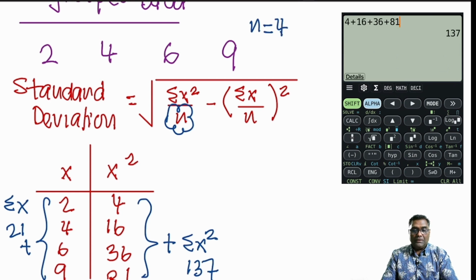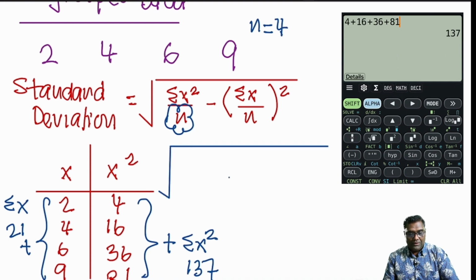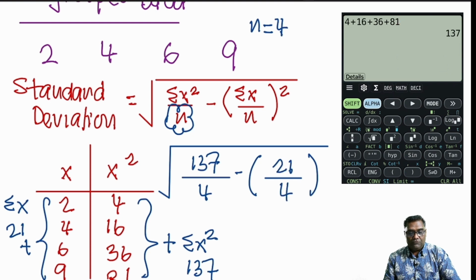So now my job is to substitute into the formula. So sum of x squared, 137 over 4, minus bracket sum of x. What is the sum of x? The sum of x is 21 over 4 square. After this, we go to our calculator.